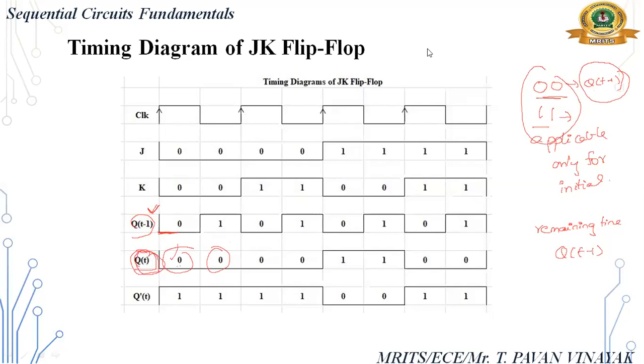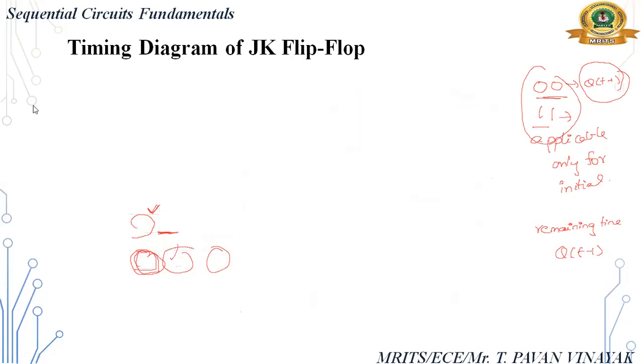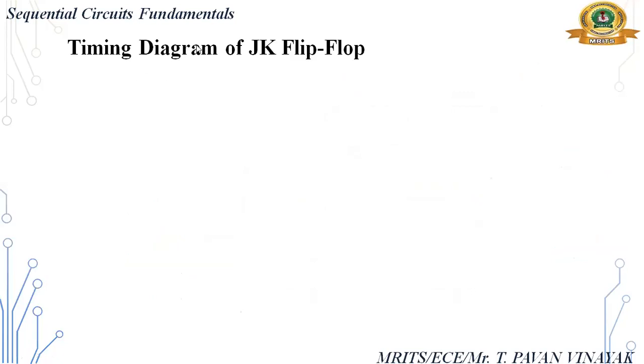So once again, I am drawing the timing diagram for JK. See, observe. I am taking the clock now. This is the clock, I am taking the clock like this. This is positive edge trigger. Now I am taking J like this.